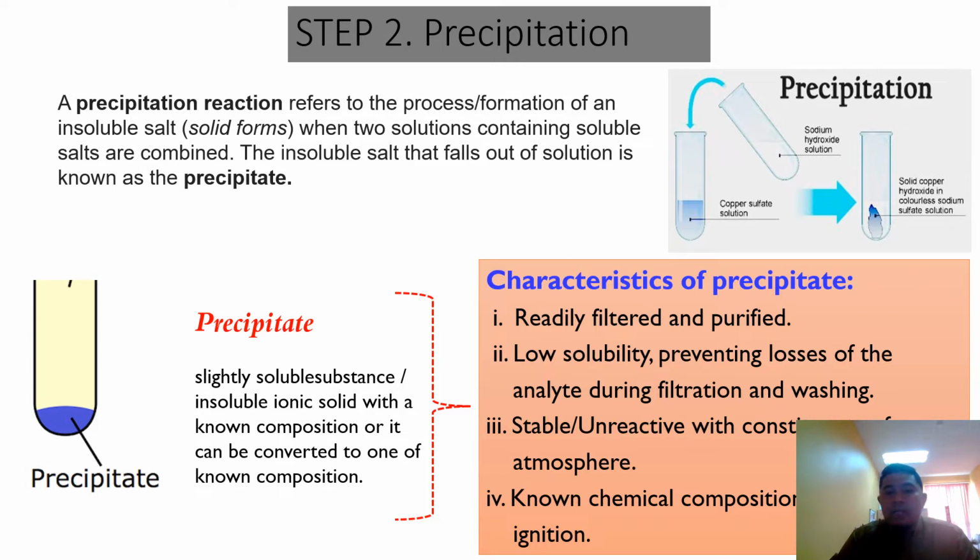The second is the precipitate must be low in solubility, which prevents the losses of the analyte during filtration and washing. And it must be stable or unreactive with constituents of the atmosphere. And the last one is that you need to know the chemical composition of the precipitate after the ignition or drying process.